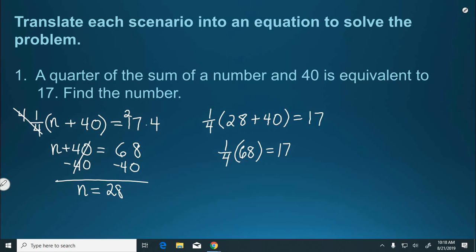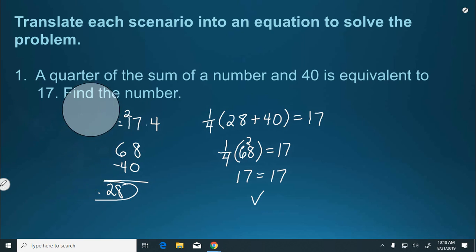Now, again, I know some of you want to just pull out your calculator and do 68 times a fourth or 68 divided by 4. You can do it mentally. 4 goes into 6 once with 2 left over. 4 goes into 28 7 times. 17 equals 17. I got it right. It works out on both sides. Therefore, we are correct in saying that the solution is n equals 28, or the number is 28.